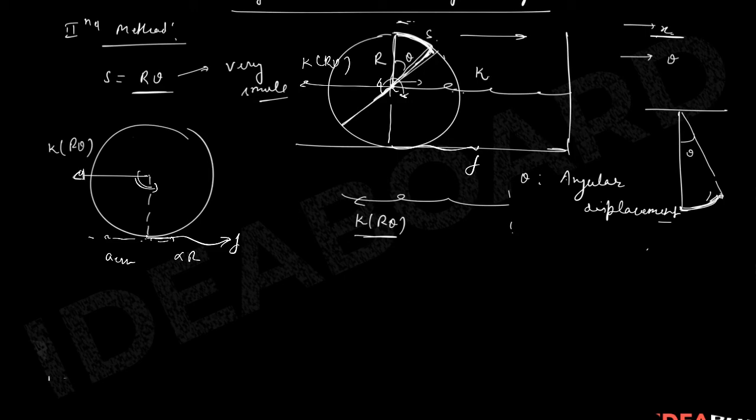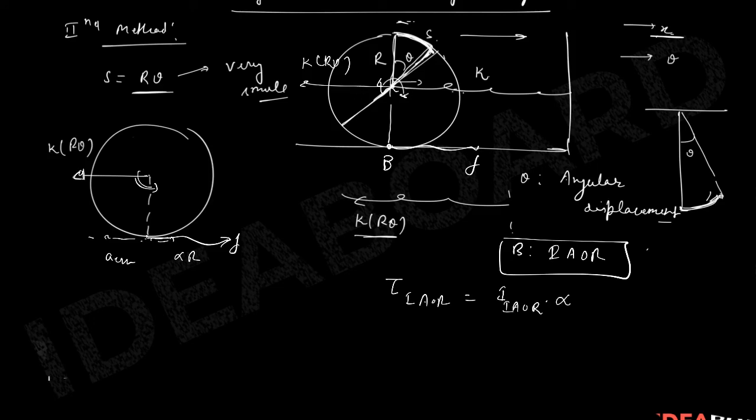Now if that is true, what I can do here is say this point P, or B, will be the instantaneous axis of rotation, IAOR. And if I use that relation, then I can say torque about IAOR will be I_IAOR into alpha, right? Correct.